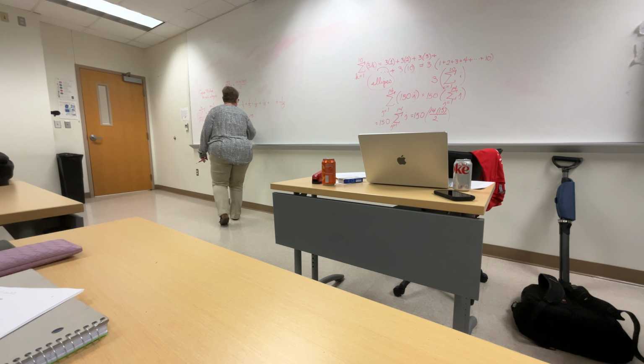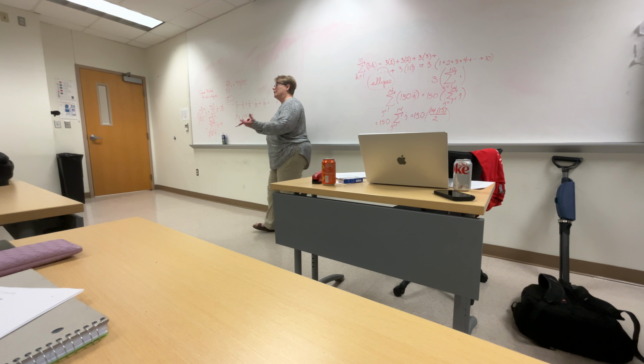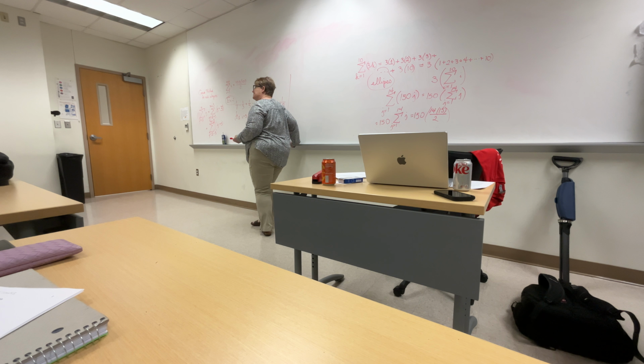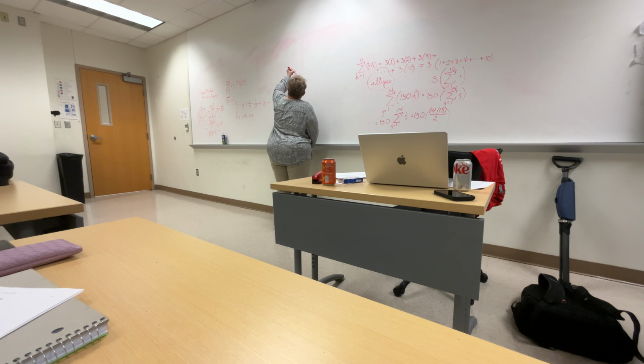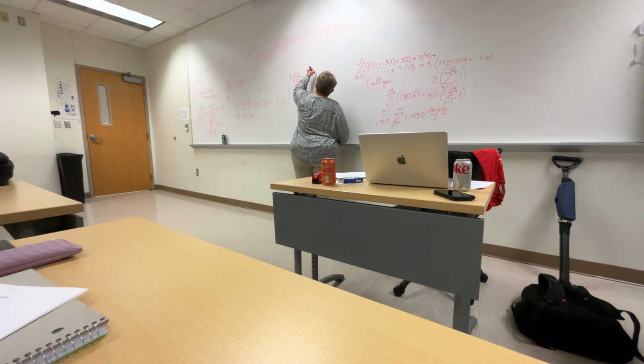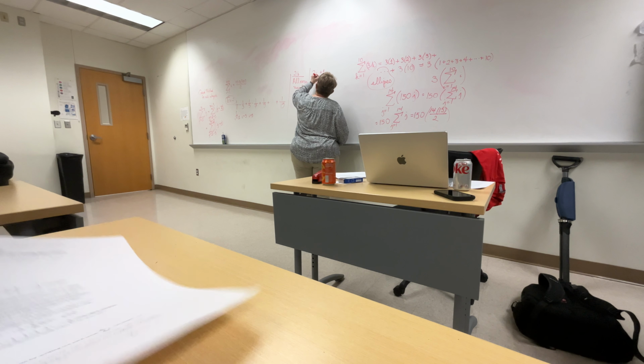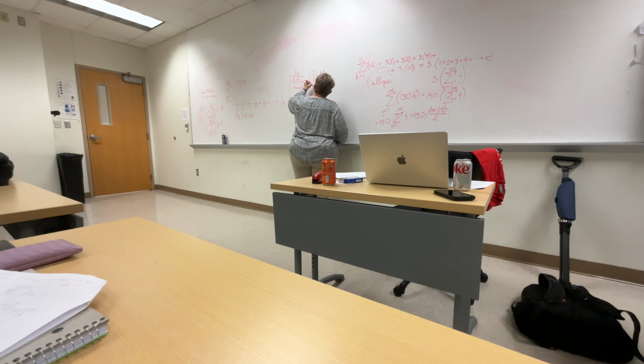There are 2 different ways. Well, first of all, the easiest way is to break integers into evens and odds. 2n, let's make it 2i. 2i are all even numbers, and 2i plus 1 are all odd numbers.